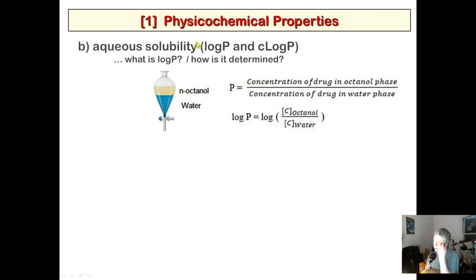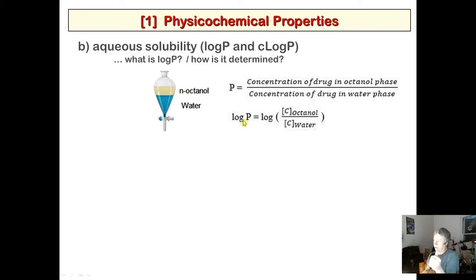So when I say log P, what's P? P is the concentration of drug in octanol divided by the concentration of drug in water. So a larger P will be more in octanol, and a smaller P would be more in water.